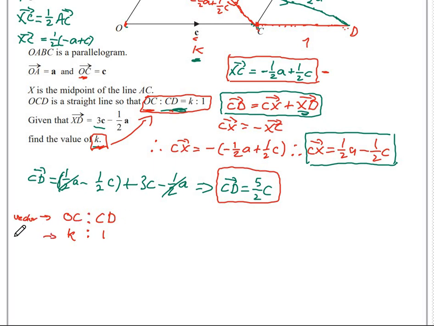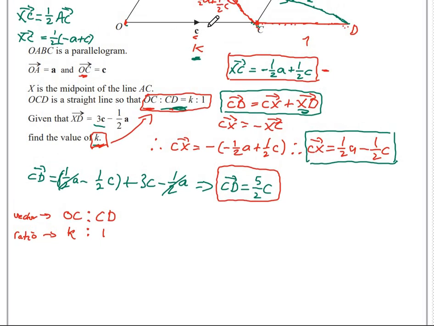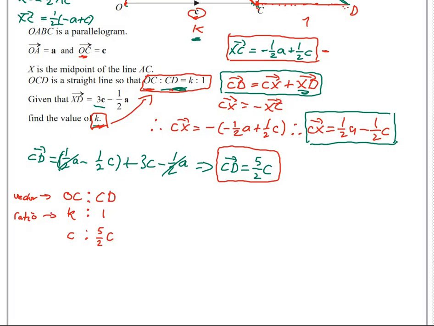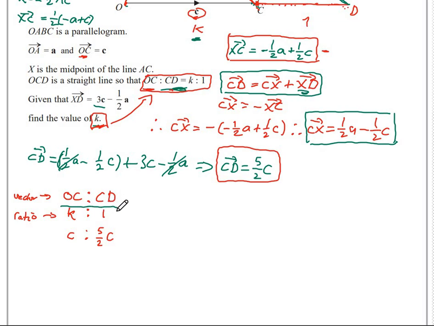Now we also have the component vector form. We have OC, which is C. So we have C colon, and then CD, which is 5 over 2 C. Okay, so now we can just pay attention to these ratio vectors here.